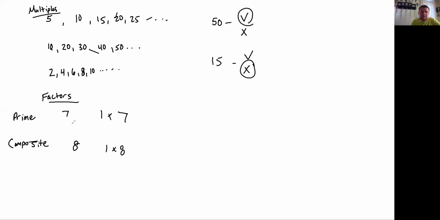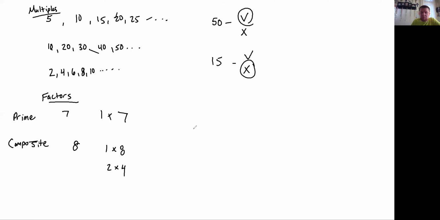But 8 specifically can also be gotten by doing 2 times 4. So because I have more than one pair of numbers, that is a composite number. In this assignment, you'll be asked to identify, is blank a factor of a given number? Or you could be asked to identify all the factors of a given number.